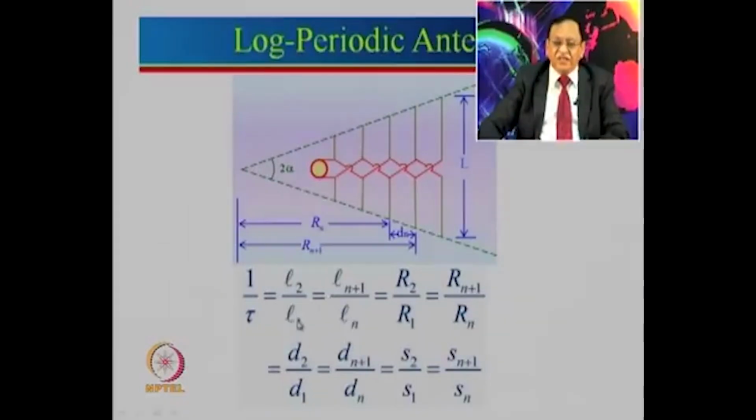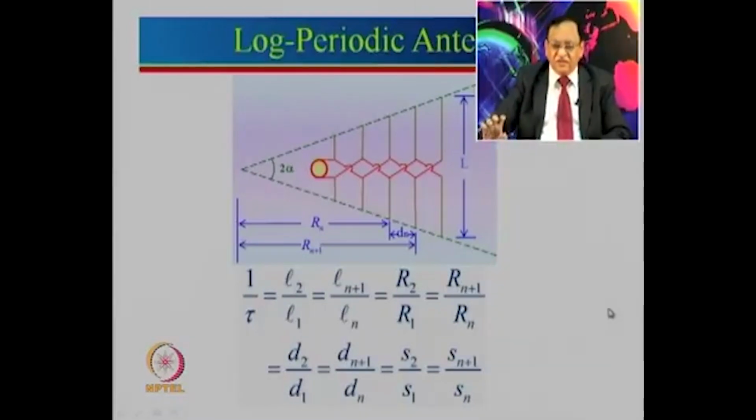So we can say that all the dimensions vary by a factor of log tau, and every next dimension will be scaled. From here to here to here, the dimensions keep increasing by a logarithmic function. The same thing should happen for the diameter.